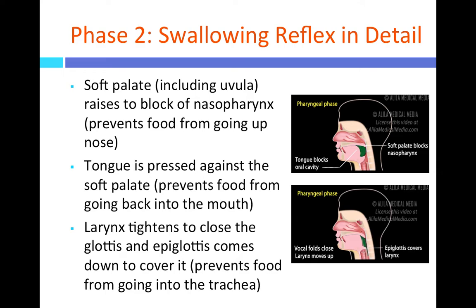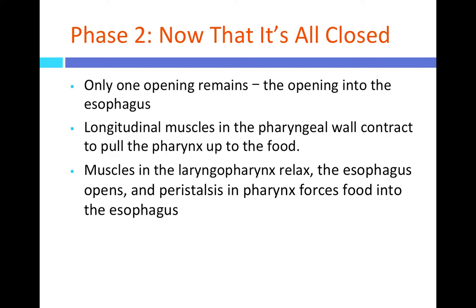So the nasopharynx is sealed off, the oropharynx is sealed off, the part of the laryngopharynx that goes to the respiratory system is sealed off, and this leaves only one spot for the food to go, which is down the part of the laryngopharynx that is attached to the esophagus. Once all of that is closed off, muscles in the wall of the pharynx are going to contract.